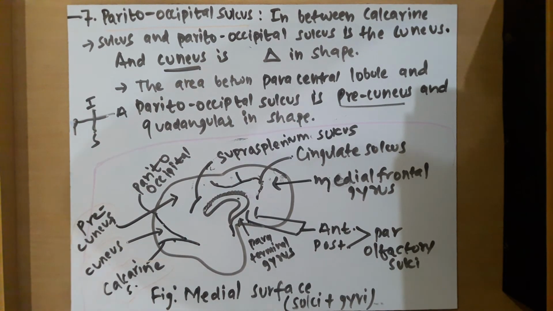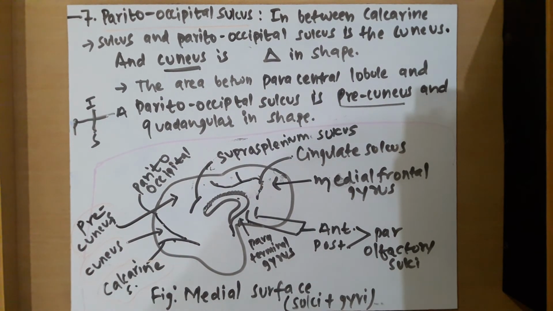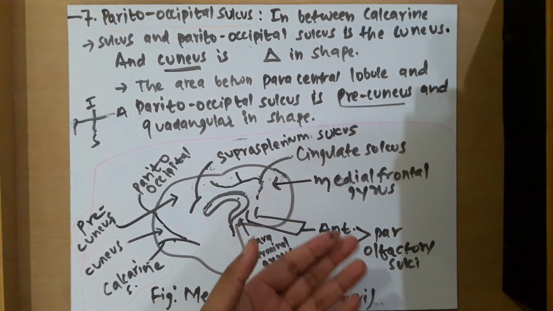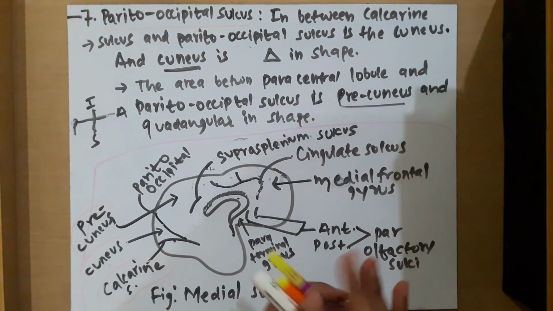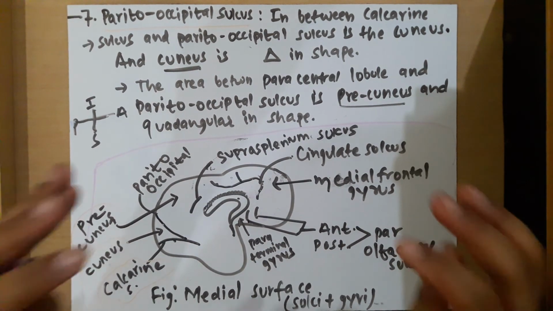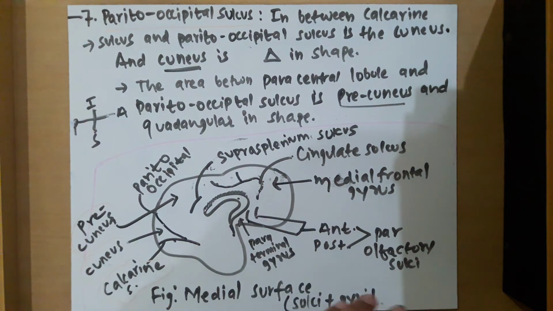I hope you understood it with a concept, so that at exam time you can practice the figure from your textbook and have a quick revision from this note. We discussed the sulci and the gyri on the medial surface in the 3 videos, part 1, part 2 and part 3.